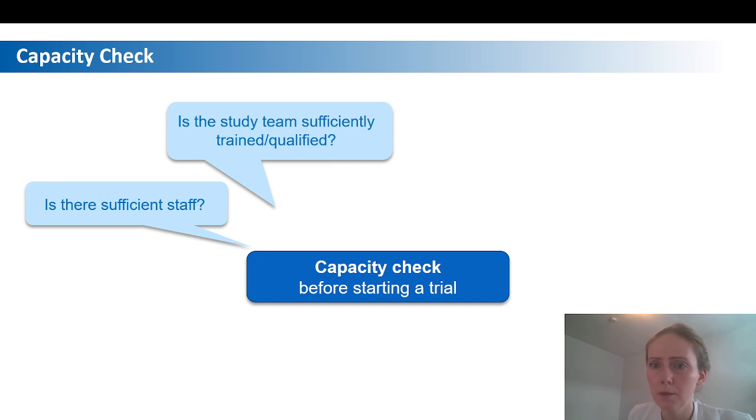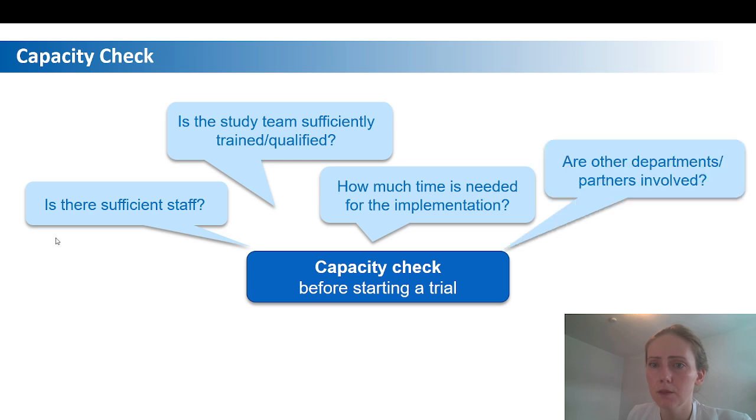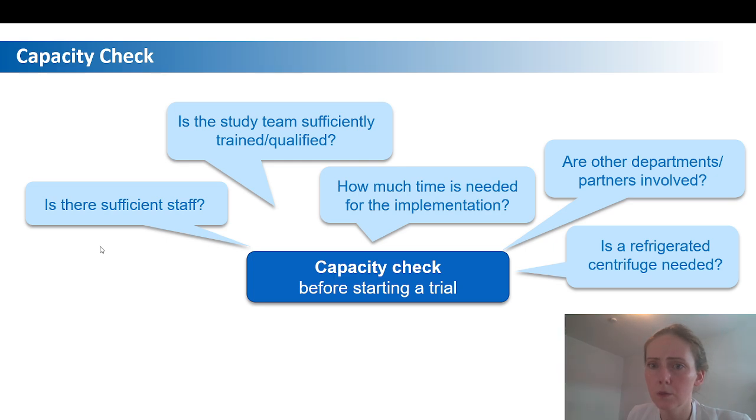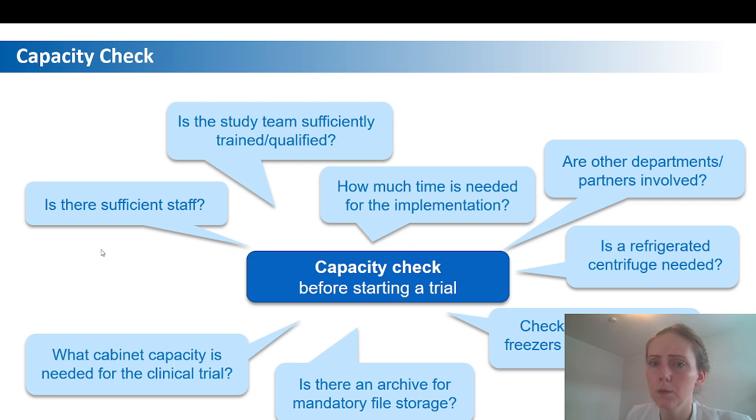How much time would the implementation of the trial at the site cost? Is there involvement of other departments or partners? Are centrifuges needed? Is there enough space in the refrigerators and freezers? Is an archive with sufficient space for the mandatory file storage available? Is the existing cabinet space enough? And what will the actual cost of the trial be for the site?